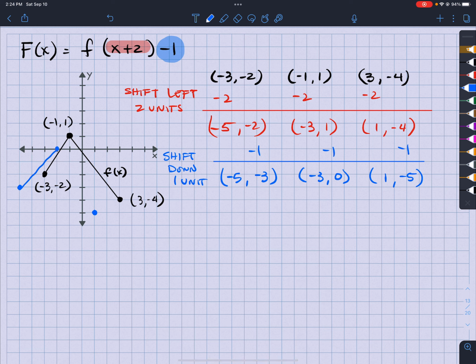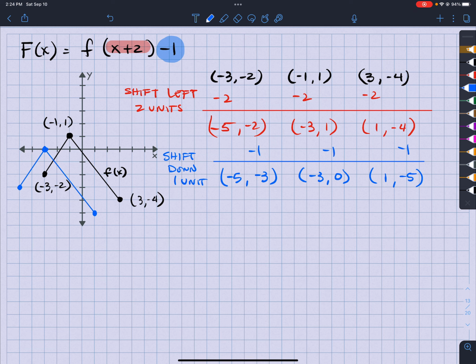So this is going to be the line. Whoa, yeah, I did that wrong. This should be right here. And then 1, 2, 3, 4, 5. So here. Okay, this point was wrong there. There we go. And then I got this point here.